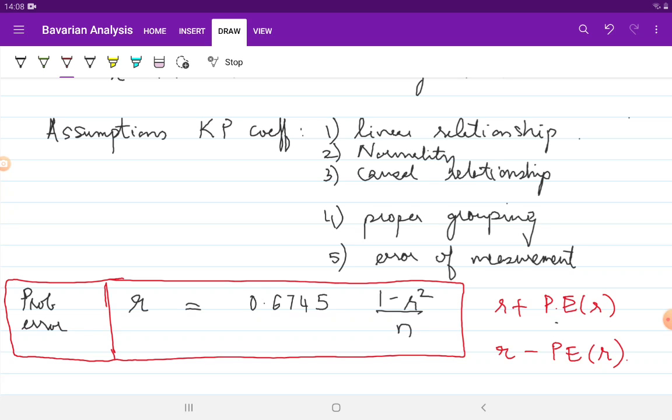If you take repeated samples with the same number of observations from the same population and calculate the Karl Pearson's coefficient for these repeated samples, all the values of r will lie within this range. It is a statistical and slightly technical concept.